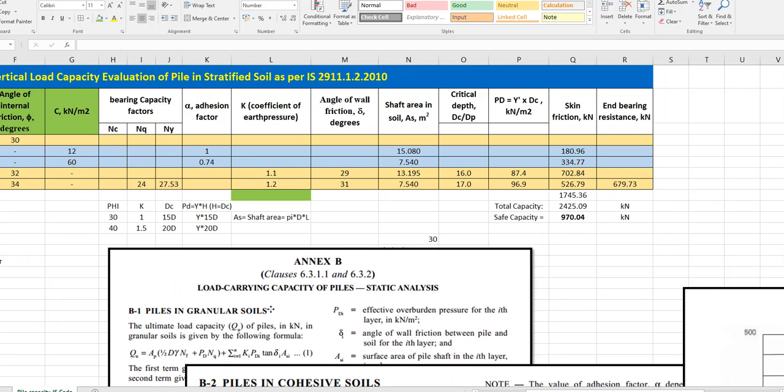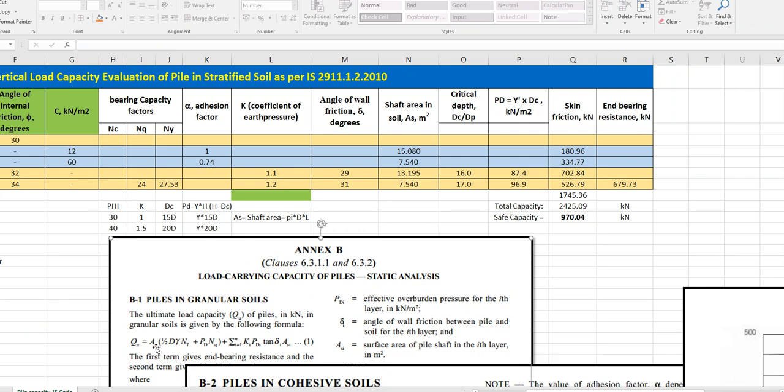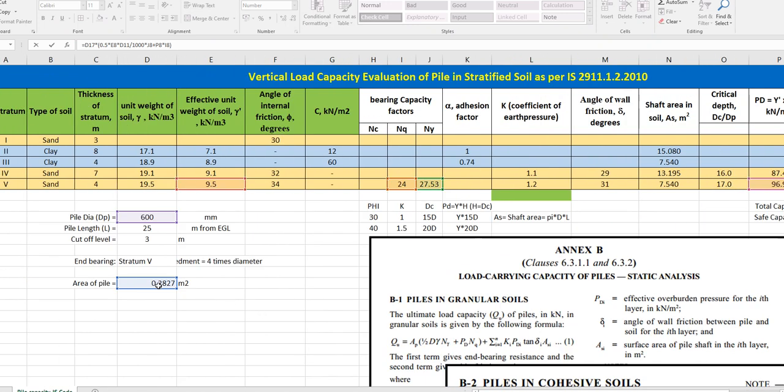So for end bearing calculations in granular soils, we will be using the first term of Annexure B, B1, which is QU is equal to AP. AP is, see, let's see. 0.5, where is AP? This is D17, AP, area of the pile, which is 0.272827 meter square.